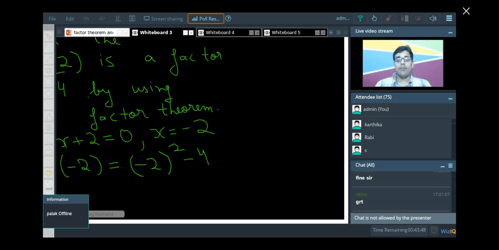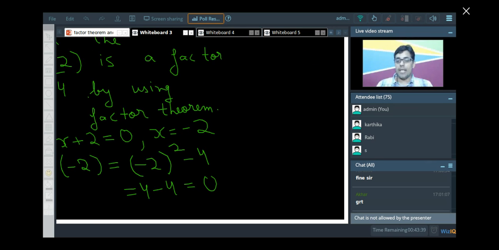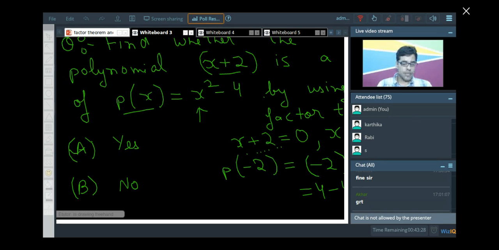It is coming as 4 minus 4, and that is coming as 0. Therefore, x equals minus 2, and x plus 2 becomes a factor of this polynomial. So, it's a yes for this given question.